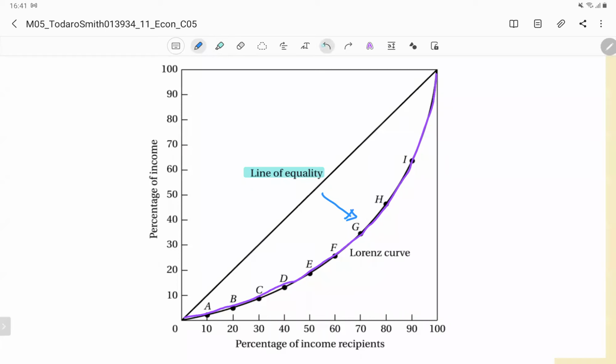And then how do you read the Lorenz curve? So this is how you read it.